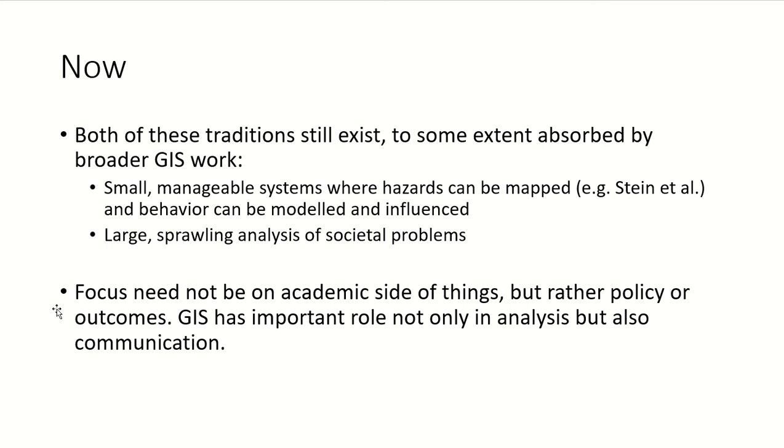So these could be small, manageable systems where hazards can be mapped pretty precisely as we see with the contaminants in the Stein paper. And human behavior, on the scale of individuals, can maybe be modeled and influenced. But also, mapping can help for understanding large, sprawling societal problems.